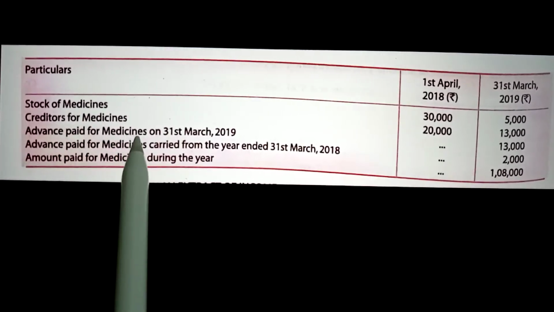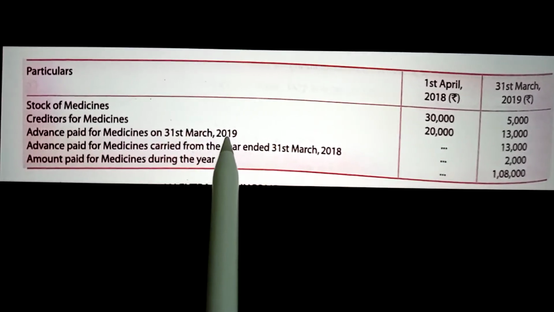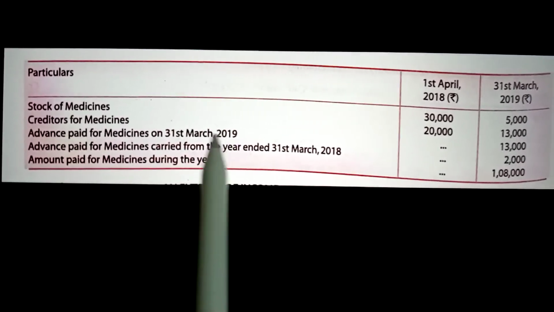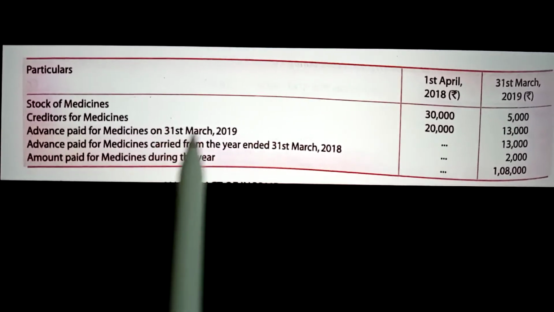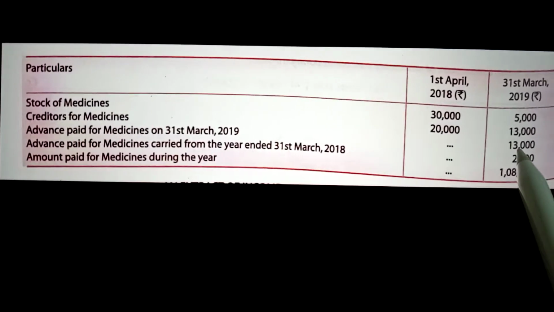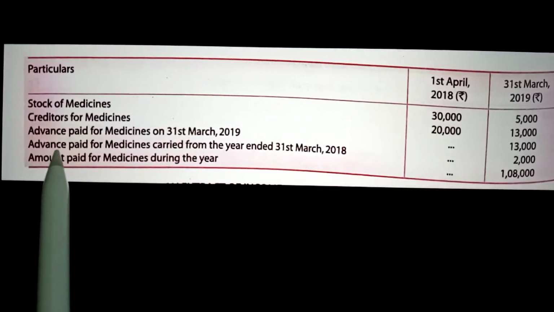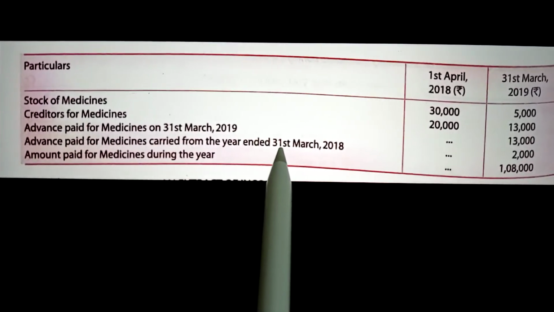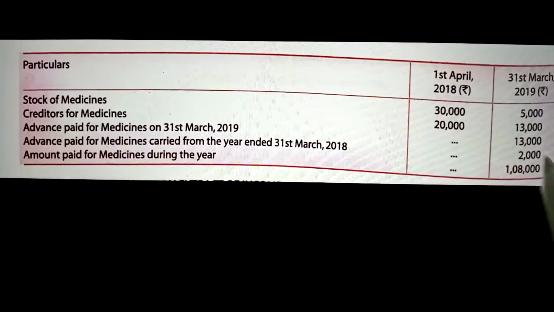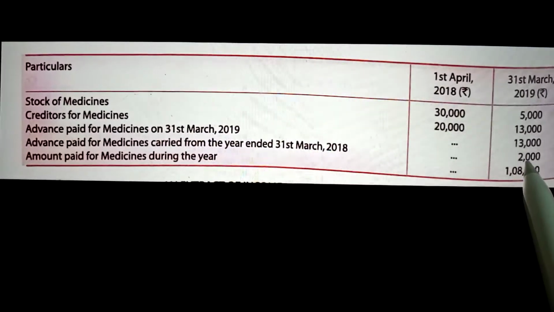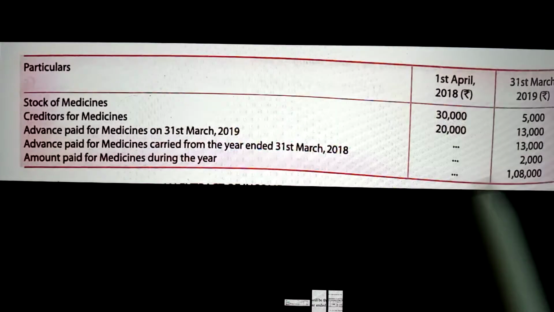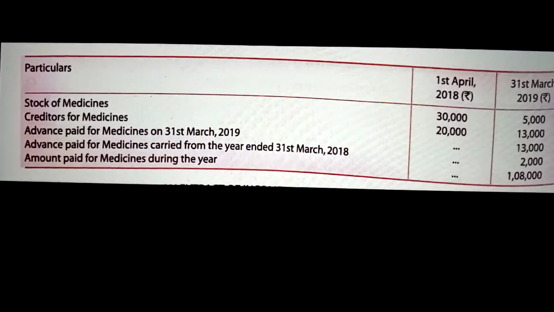Advance paid for medicines on 31st March 2019, the advance payment made during the current year, is 13,000. Advance paid for medicines carried from the last year, that is from 31st March 2018, is 2,000. Amount paid for medicines during the year is 1,08,000.